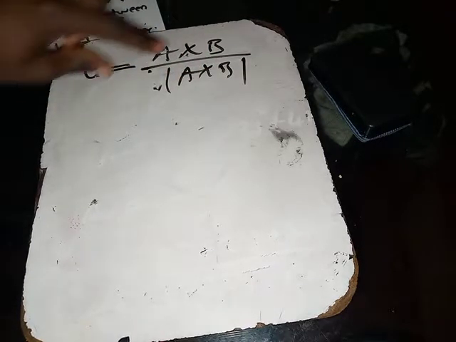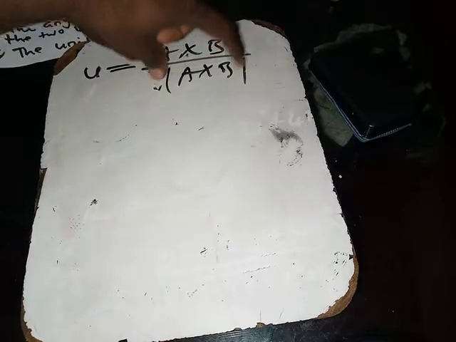Now remember, we had already found A times B, which is the vector perpendicular to the two vectors. Then it's just about finding this magnitude.